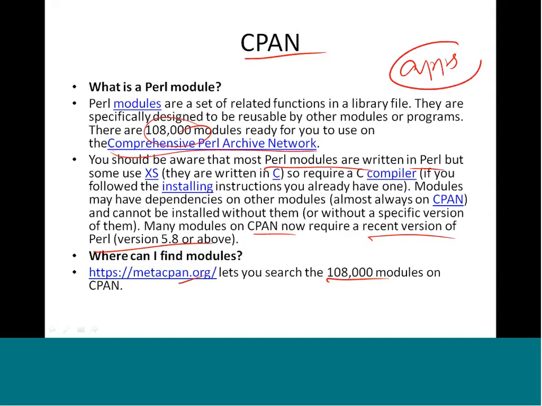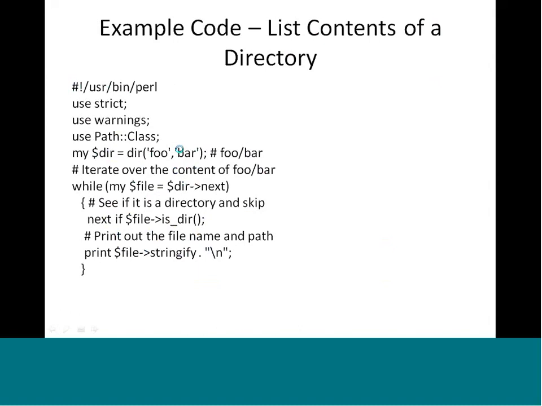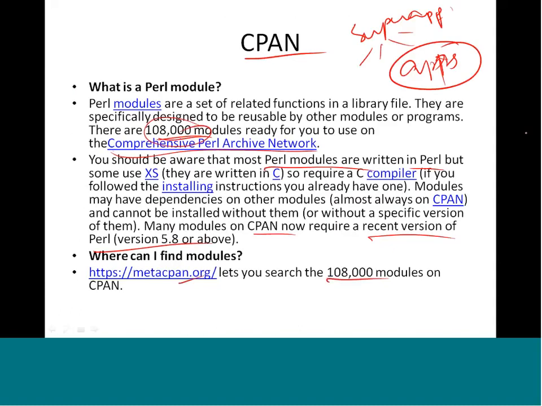Only these apps are actually connected to each other, so you can write a super app by just meshing these apps together. So you can think of CPAN as the iTunes for Perl, with about 108,000 modules ready for you to develop new apps. So I think this gives you a good overview.